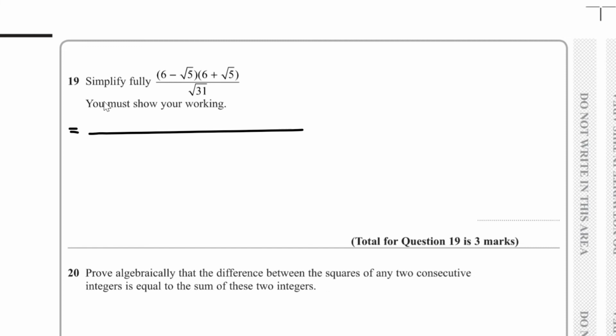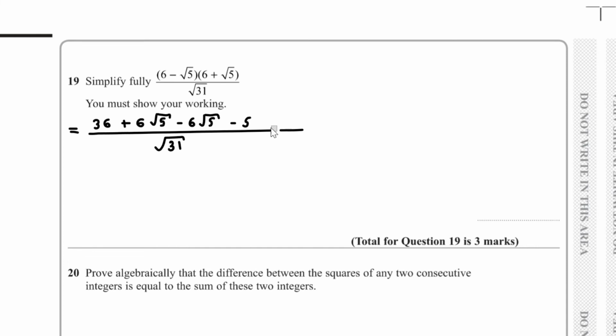We've got 6 times 6, that's 36, and then 6 times root 5, which is 6 root 5, and then minus root 5 times 6, so here we've got minus 6 root 5, and then root 5 times root 5, which is just 5. And on the bottom we've got the root 31.